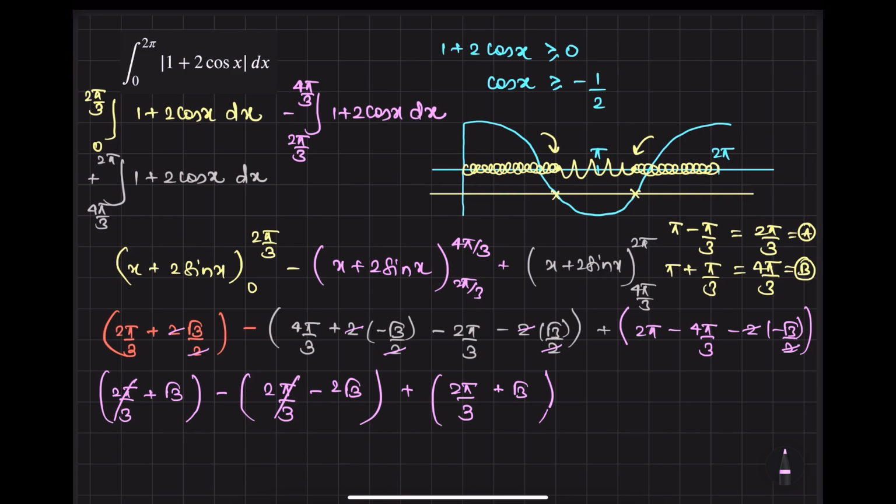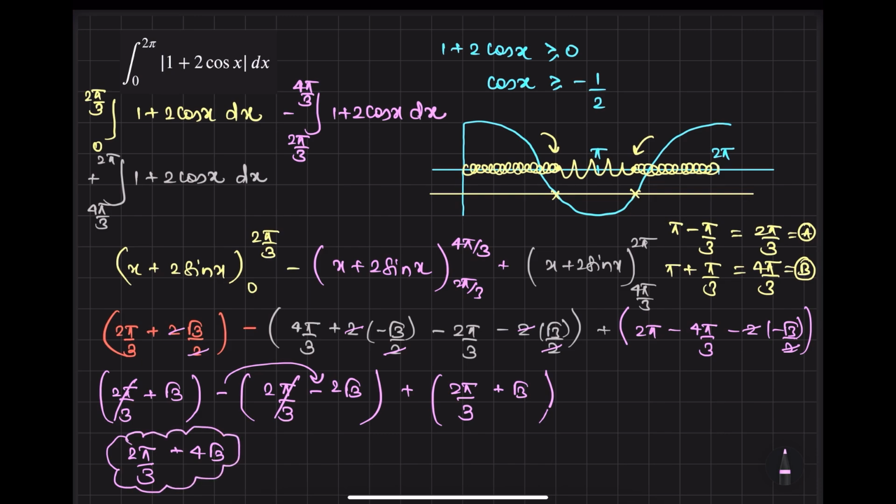So we are left with 2 pi by 3. Now root 3, minus minus will become plus, so it will become plus 2 root 3 again root 3. So it is 4 times root 3. So we got this as the result.